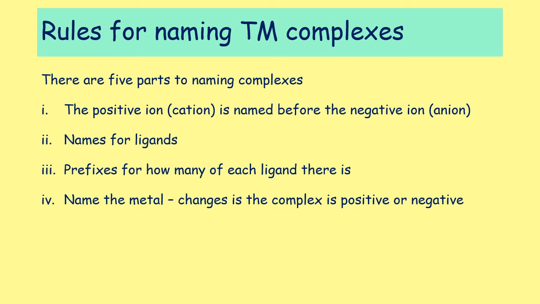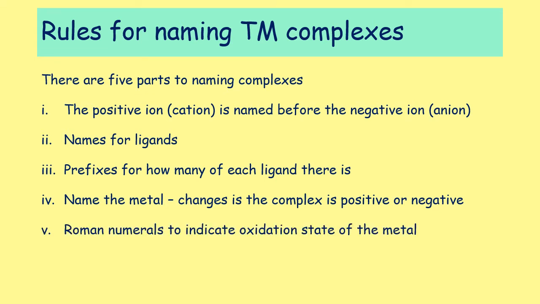Then the metal. The name of the metal will change. How we describe the metal changes depending on whether the complex is positively or negatively charged. And finally, Roman numerals are put at the end of every complex to indicate the oxidation state, or the oxidation number, of the metal.